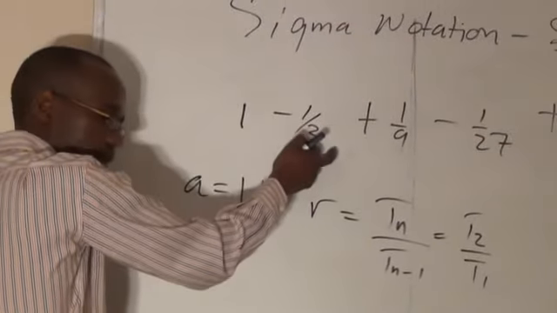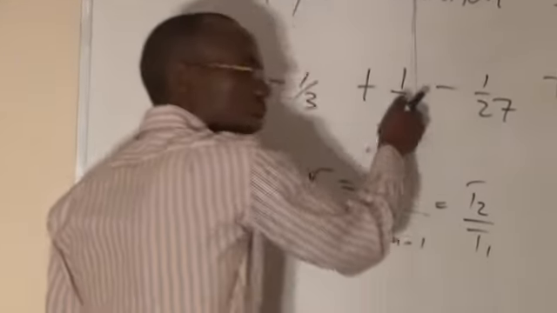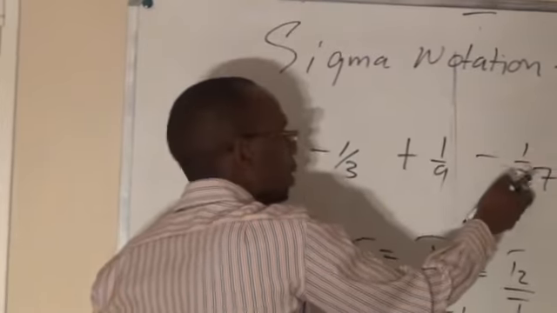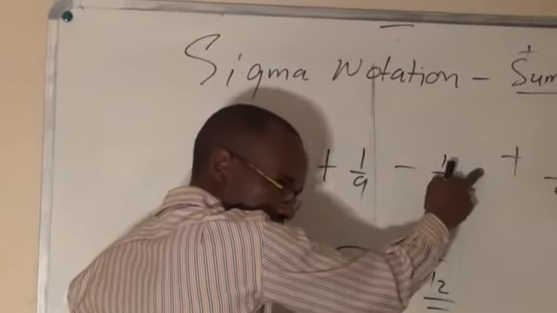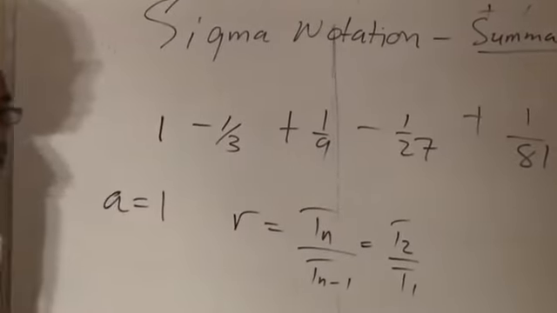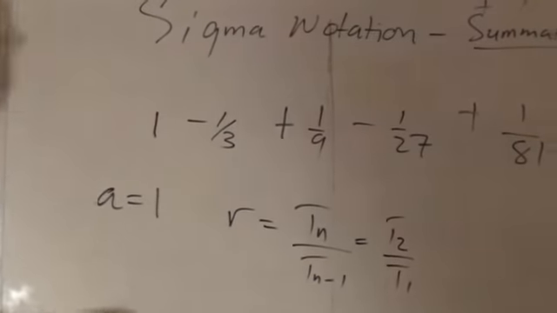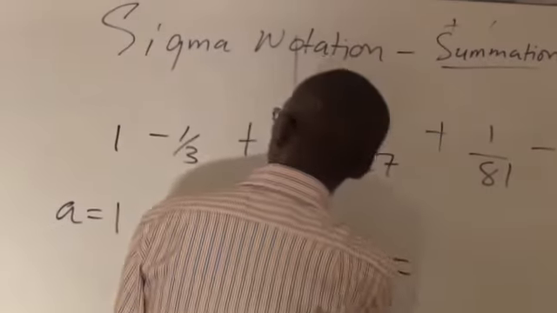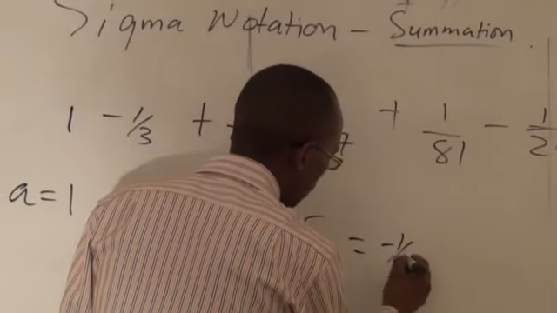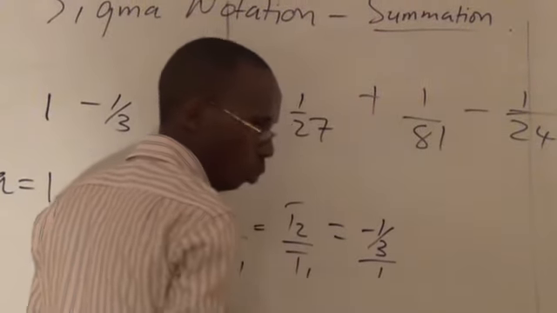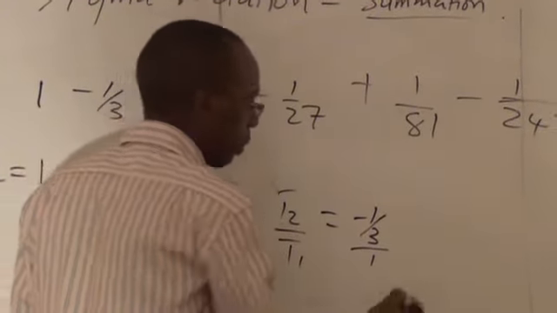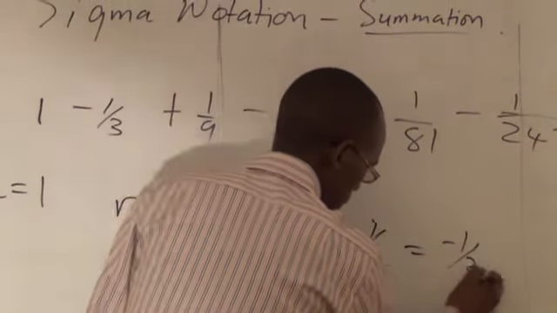T2 is minus 1 over 3. T3 is plus 1 over 9. T4 is minus 1 over 27. That's what this sequence is actually doing. So if you want to find T2 over T1, this is minus 1 over 3 divided by 1, which is equal to minus 1 over 3.